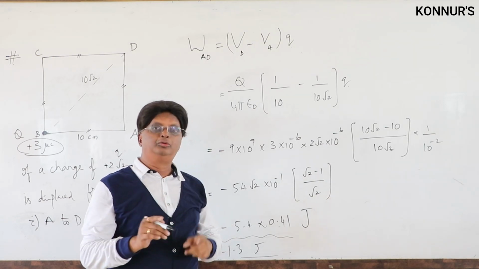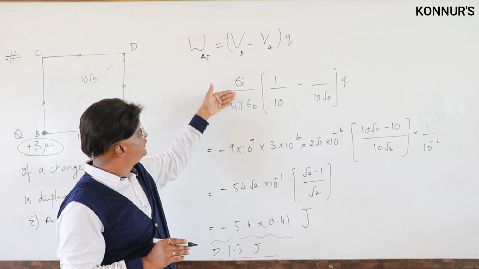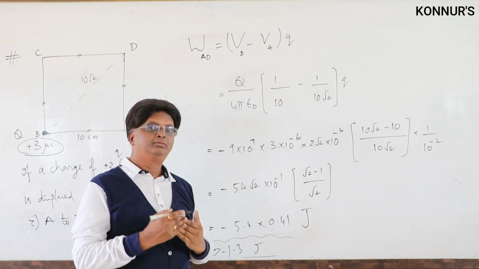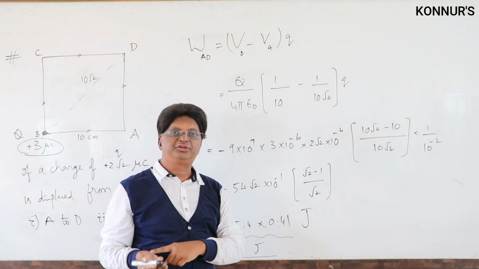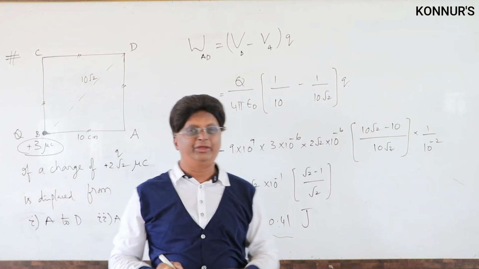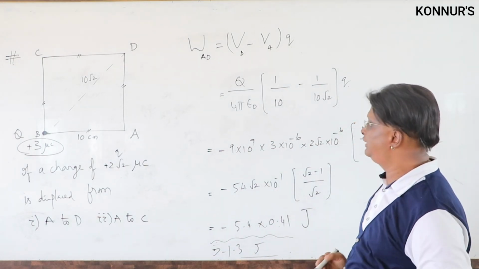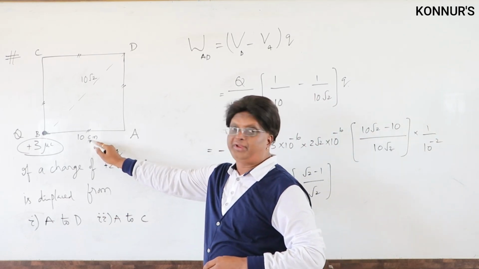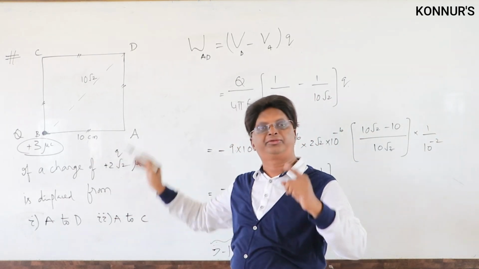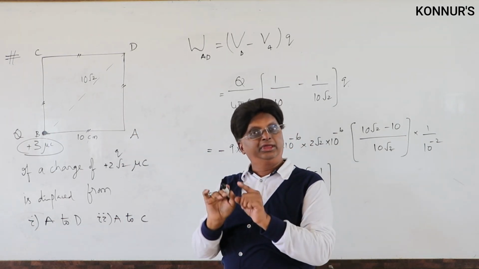And as I have told you, be careful about the charges, which charge is placed and which charge is displacing, whether it is from higher potential to lower potential or lower potential to higher potential. Now I hope this second case, A to C, you can easily do. A is at a distance of 10 centimeter from the corner B. Similarly, C is also at the same distance of 10 centimeter.